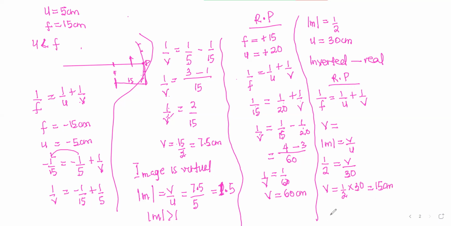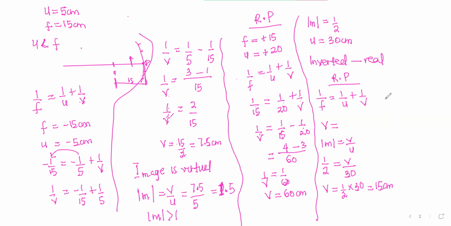So the image distance is 15 centimeters. So when you look at object distance 30, image distance 15, it clearly tells you that the image is diminished. That is why lateral magnification is less than 1.